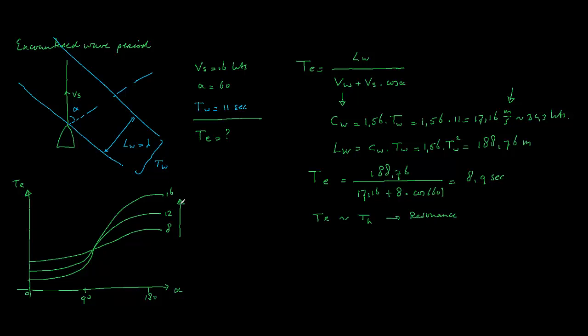So speed is going up, and you can look for your desired or not desired encountered wave period. If this is your natural heave period, T heave, you can see this is probably not the angle I would like to have on my course.